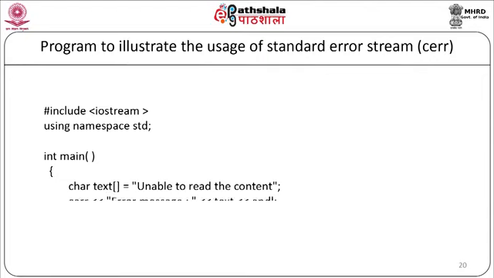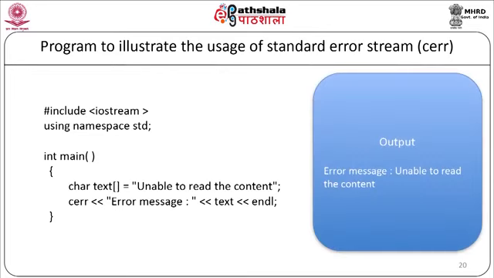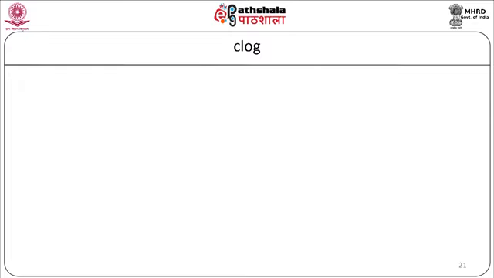Just notice that the cerr statement is used: cerr, "error message:", the value of text, and endl, and our program will end. When this program is compiled and executed, it will produce the result as error message: unable to read the content.